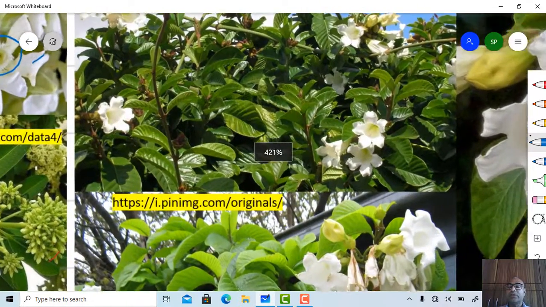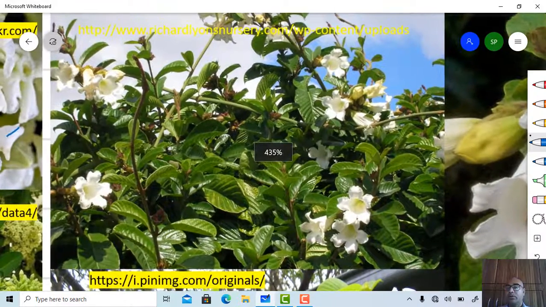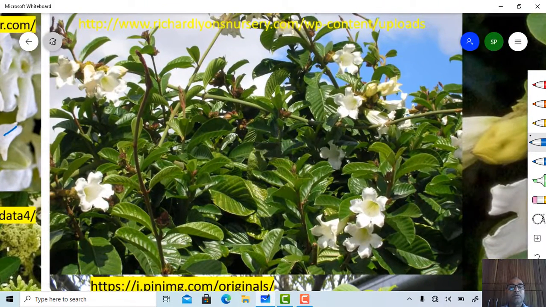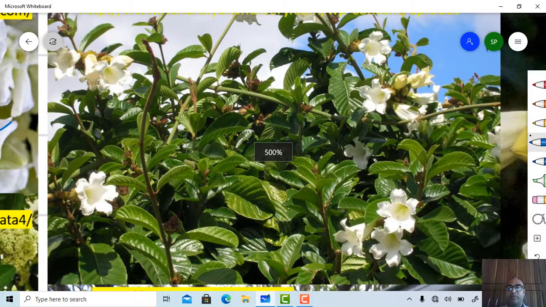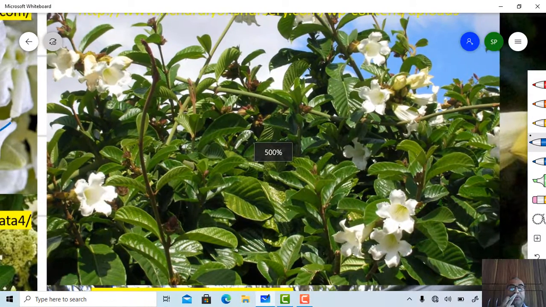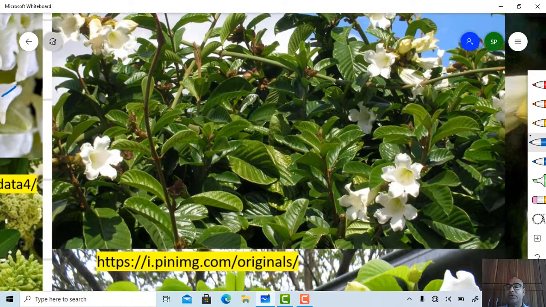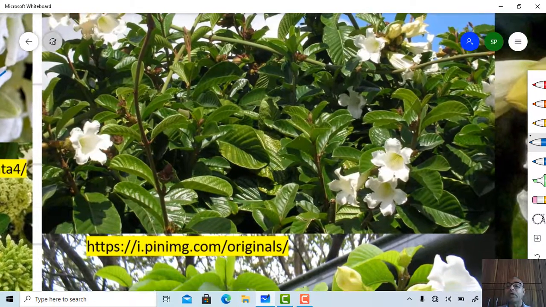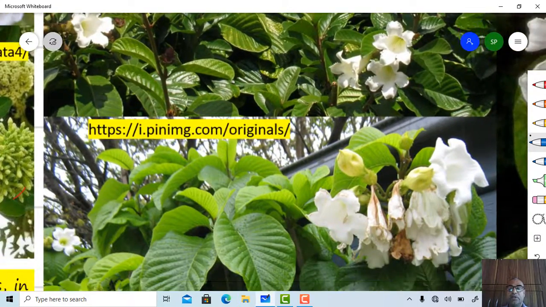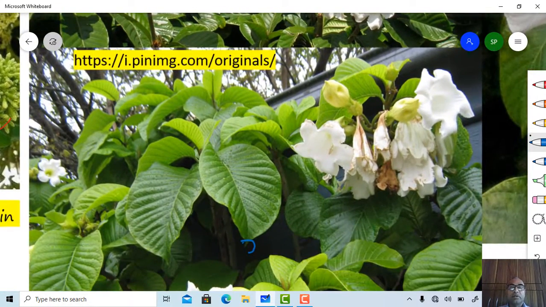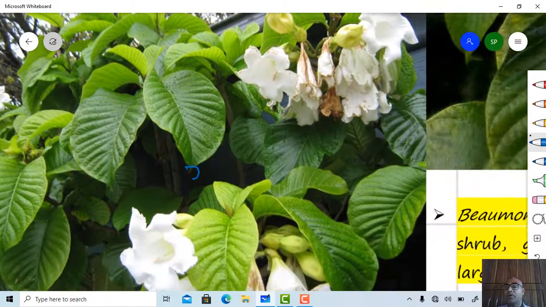Just see the nature of the plant, what type of stem is present here, the leaves, the arrangement of leaves on the stem, then the type of inflorescence. Just see again the margin of the leaves and the type of venation.